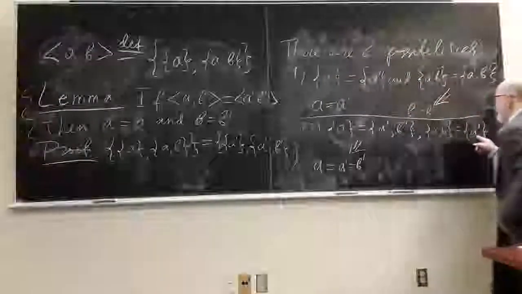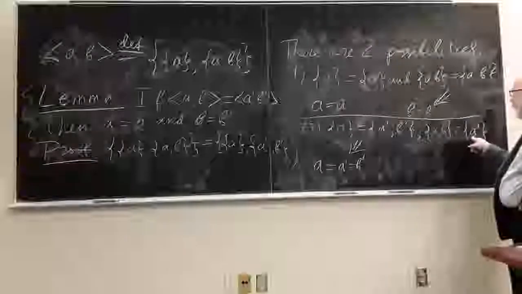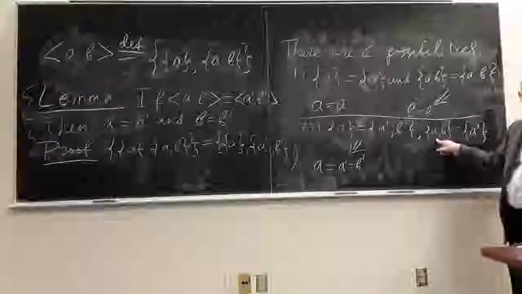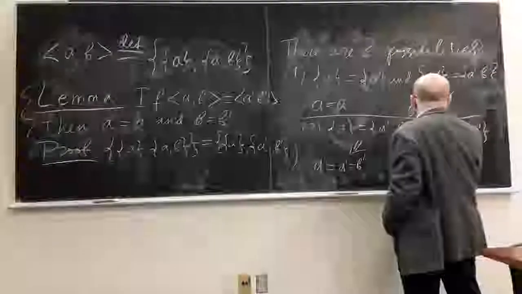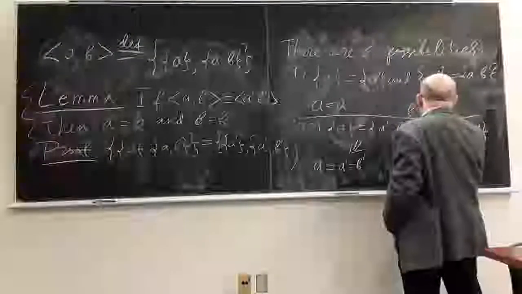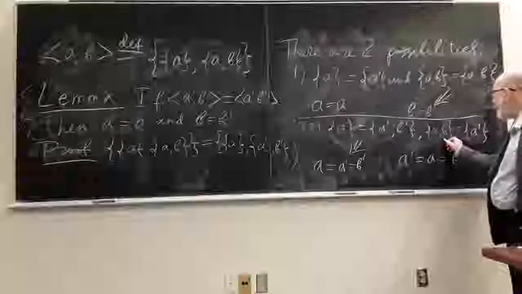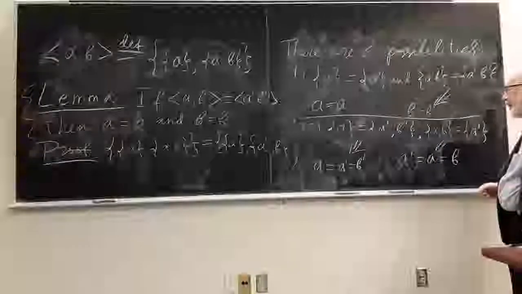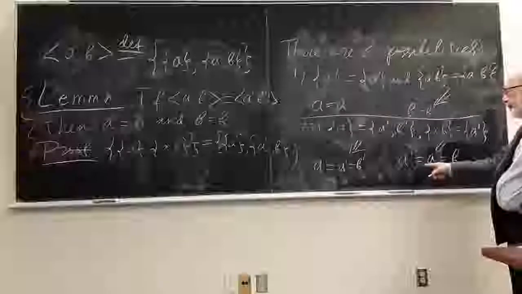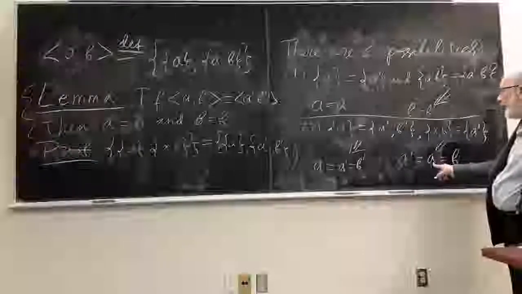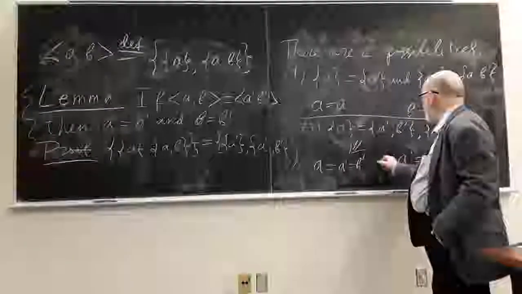And similarly we have that A prime equals A equals B. By transitivity, B equals A prime equals B prime.